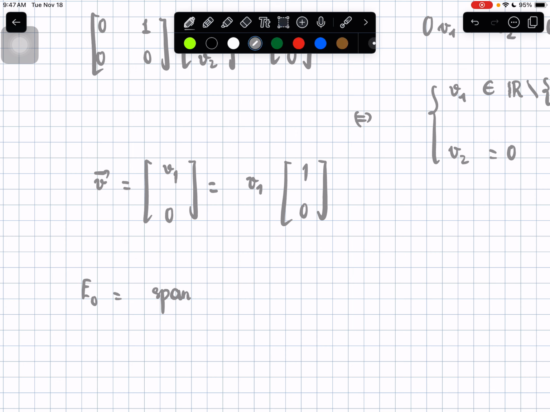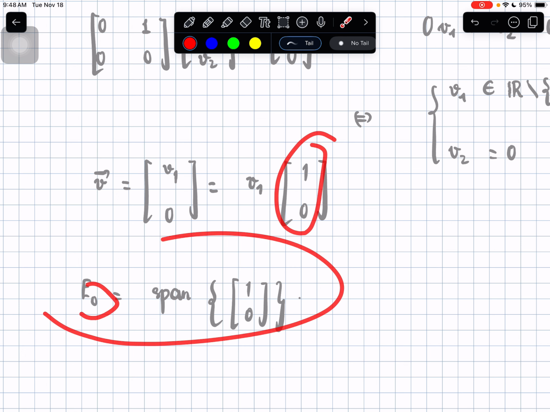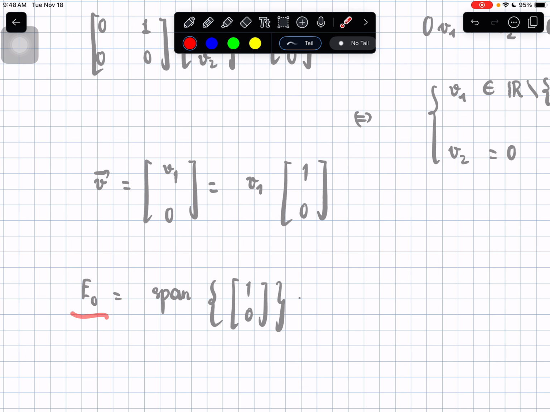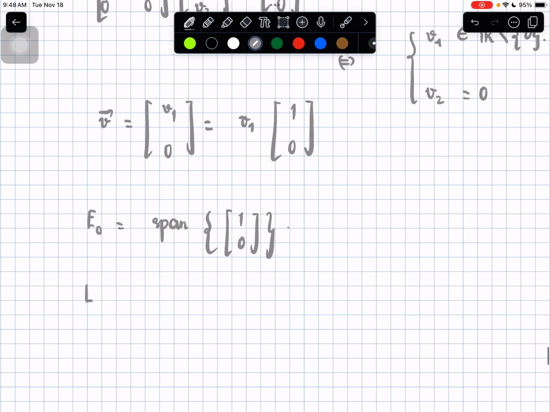So although the eigenvectors must be non-trivial, the eigenspace always contains the 0 vector. The eigenspace has dimension 1.